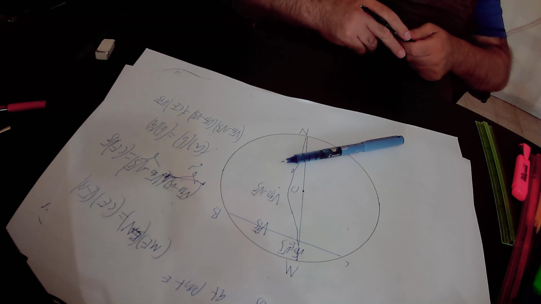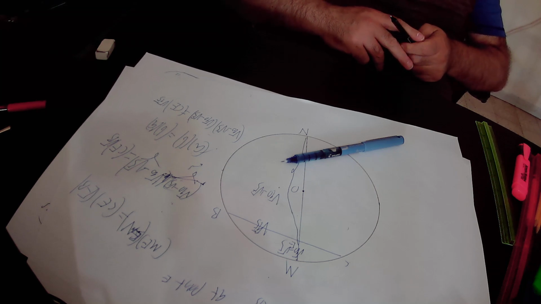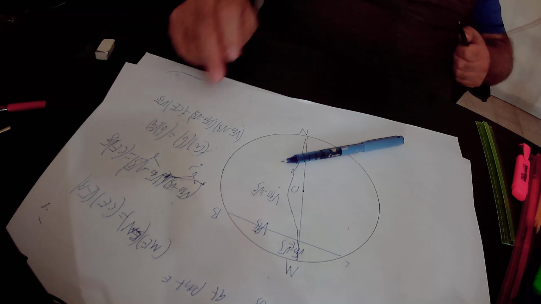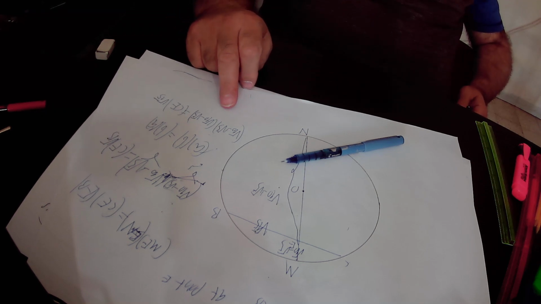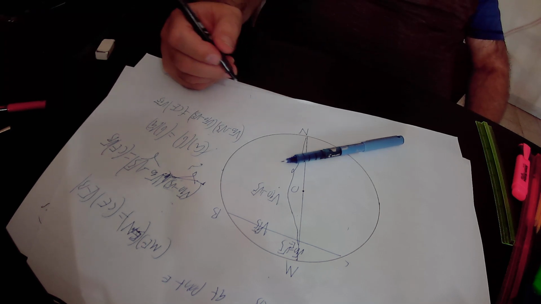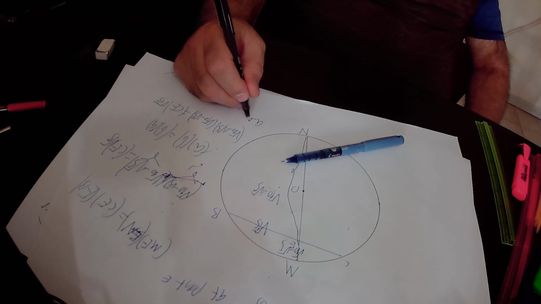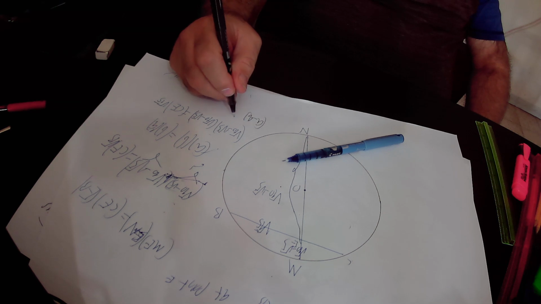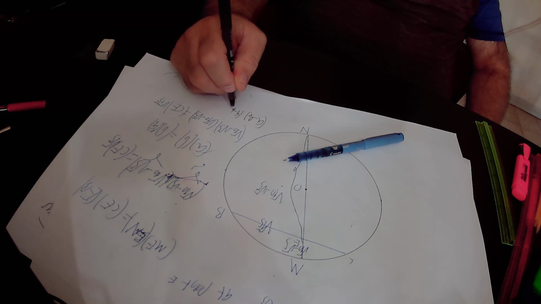We will find the value of this expression according to the algebraic identity that states that A plus B times A minus B equals A square minus B square.